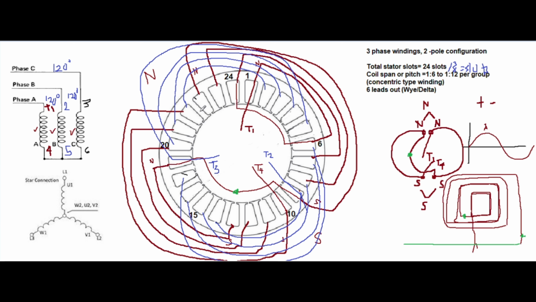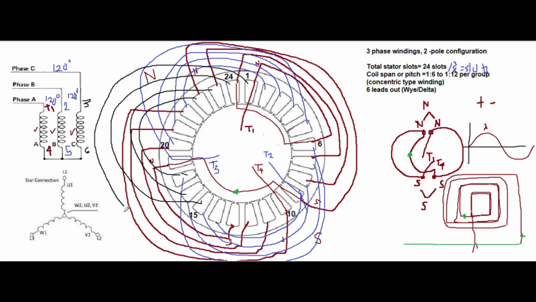So this one. You can also see that all the slots should be filled with 2 coils per slot, and there should be no vacant or 1 coil in each slot.